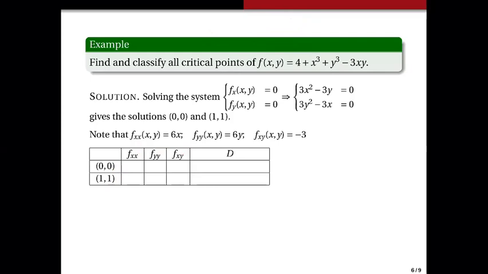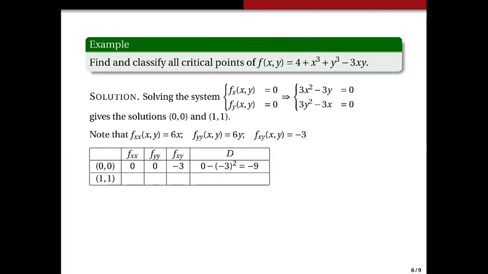So at 0, 0, f sub xx is equal to 0. Here, f sub yy is also 0. F sub xy is equal to -3. Okay? So we have 0, 0, and then -3. And therefore, d is equal to -9.